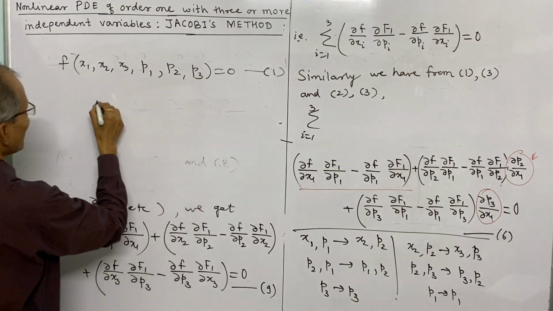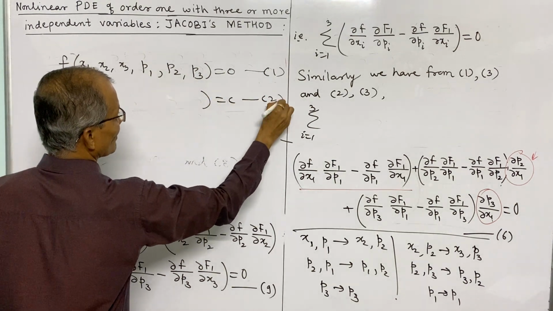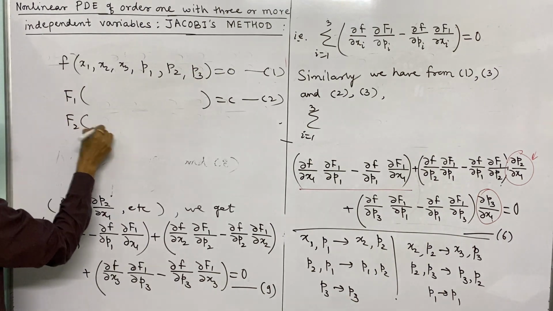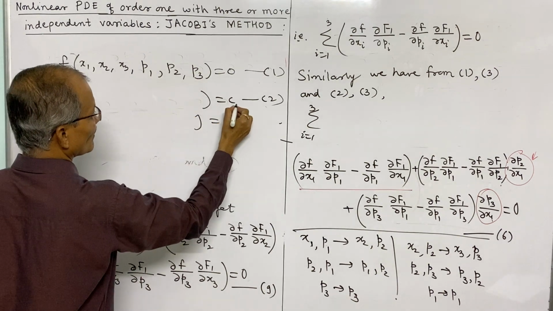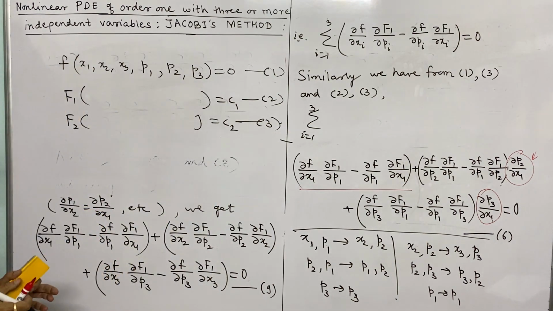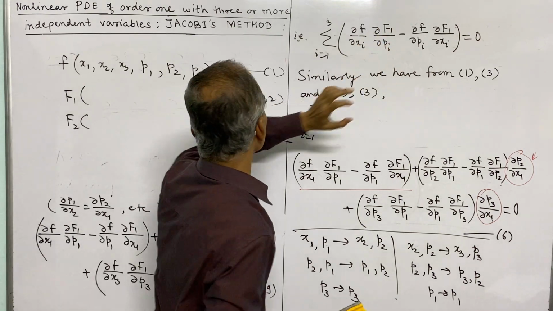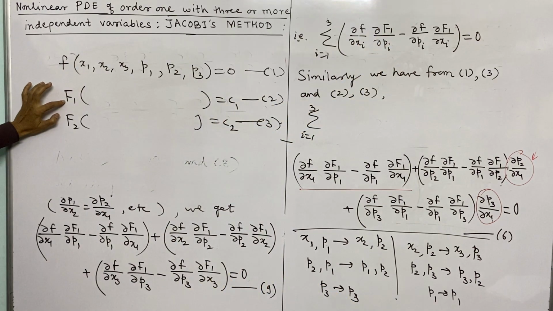This is 1. And what is second? F1. And what is third? F2. So from 1 and 2 we obtained this small f, capital F1.